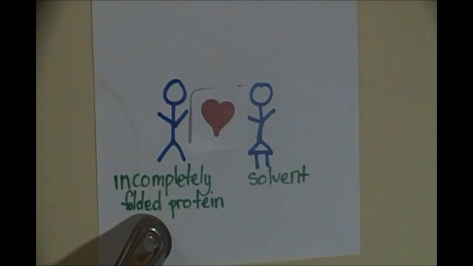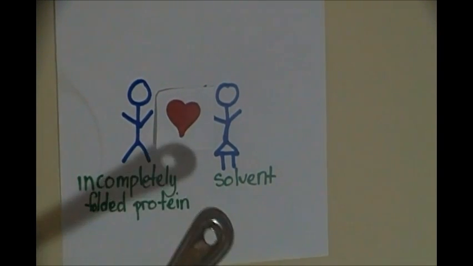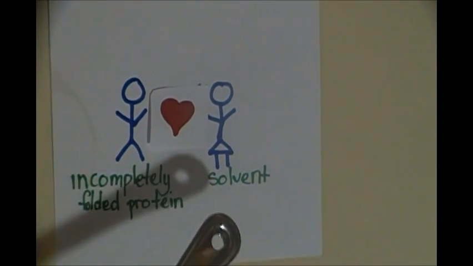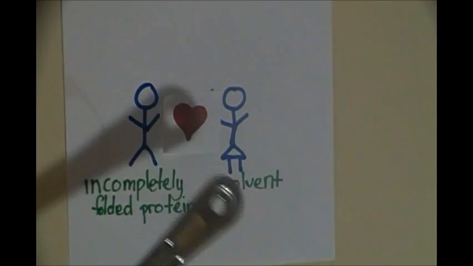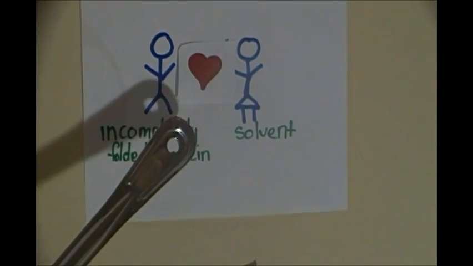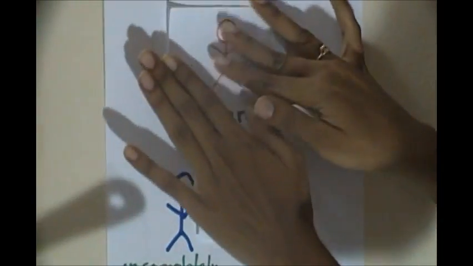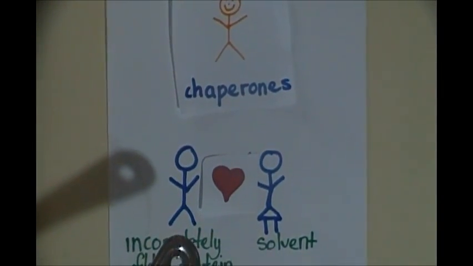But this would mean that incompletely folded proteins will be exposed to solvents at some point, making them prone to inappropriate reactions with other molecules. This is where the chaperone comes in to ensure that folding is completed more efficiently.